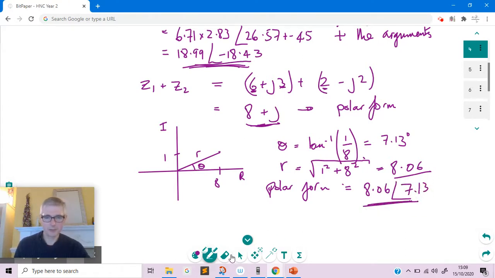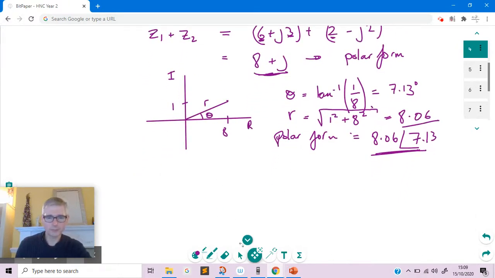So there we go. So what we've got next is we were looking for the total impedance. So we're really close to the end of the question now. And that was Z1 Z2 over Z1 plus Z2. And it was important, for the purposes of dividing, to get them both into polar form.